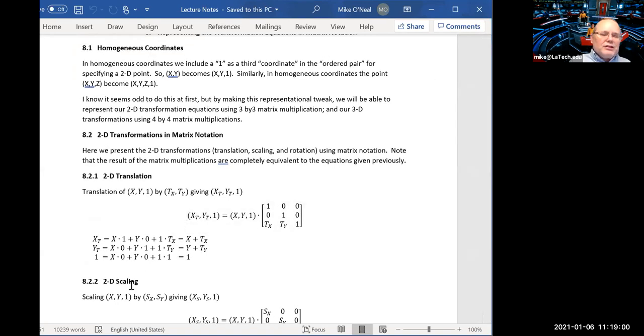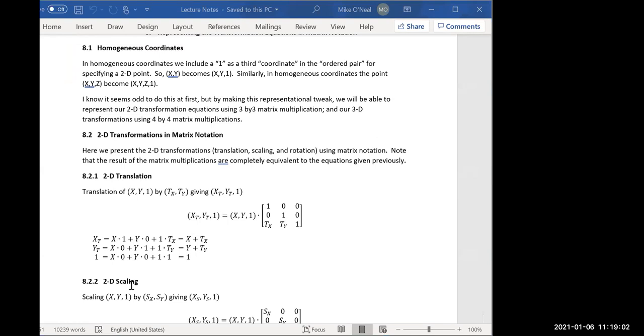The first thing we're going to do is introduce something called homogeneous coordinates. You might say, well, what are homogeneous coordinates? Normally in a two-dimensional system, we have an X and a Y, an ordered pair.